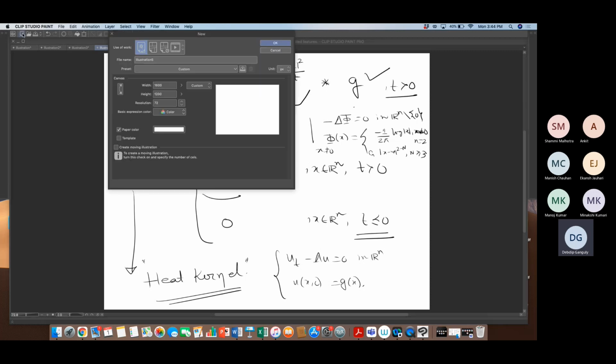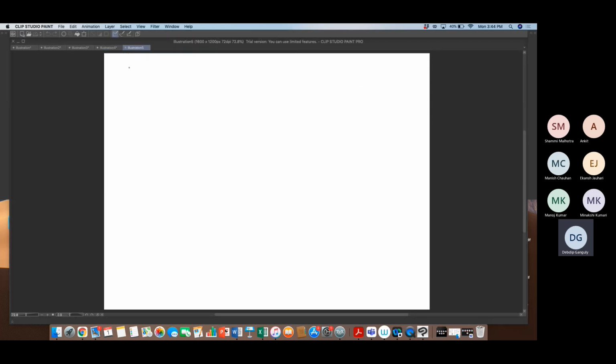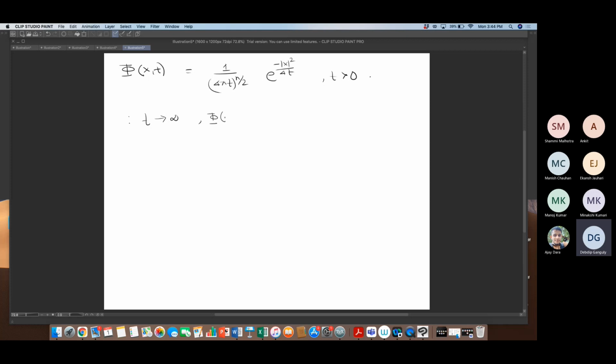So let us see this function in more detail. Whenever I write phi(x,t), that means I am writing 1 by (4 pi t) to the power n by 2 e to the power minus mod x square by 4t, for t positive. Now you tell me, what will happen as t tends to infinity? How will the function behave for fixed x?